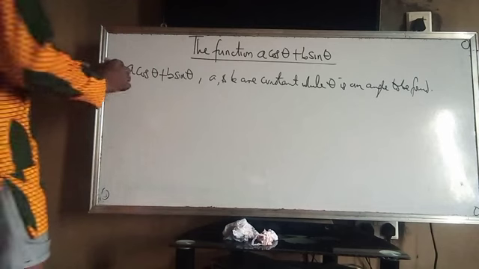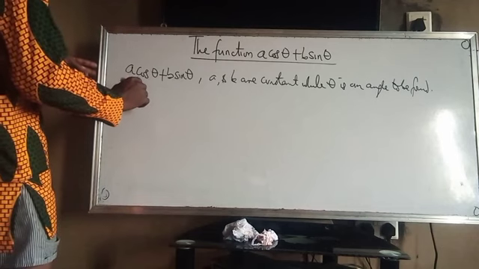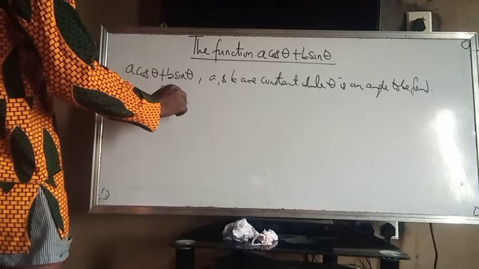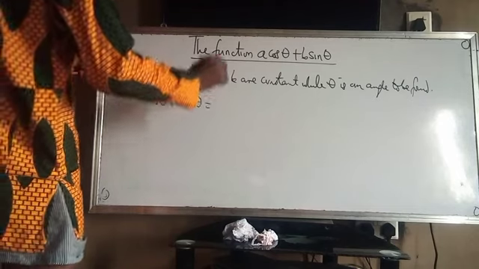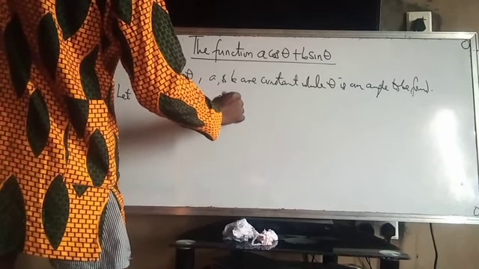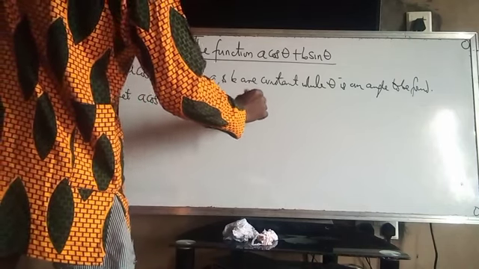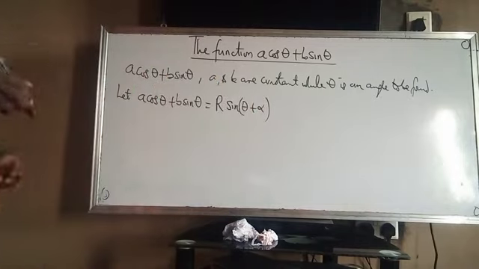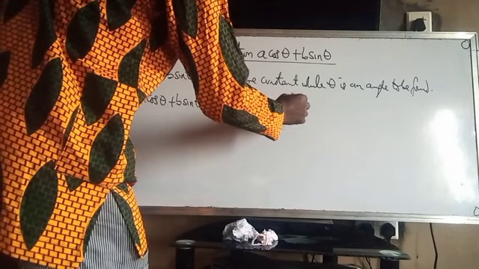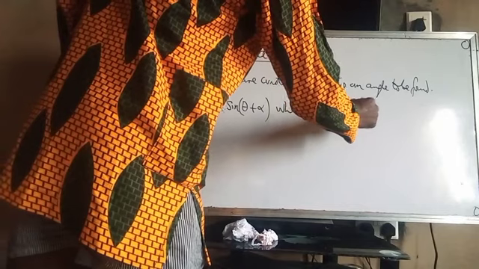Now let a cos theta plus b sin theta be equal to r into sine of theta plus alpha. We are introducing alpha, where alpha is to be evaluated.